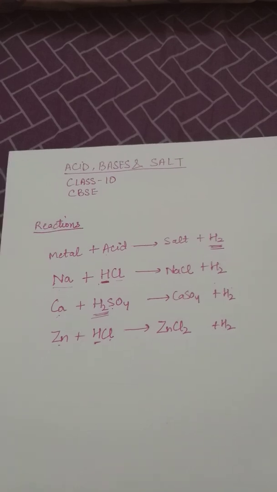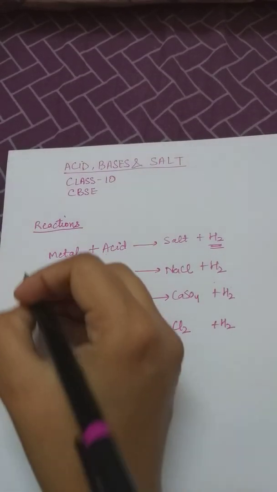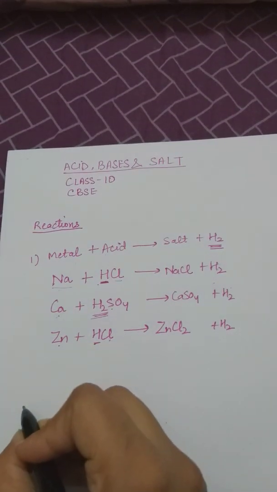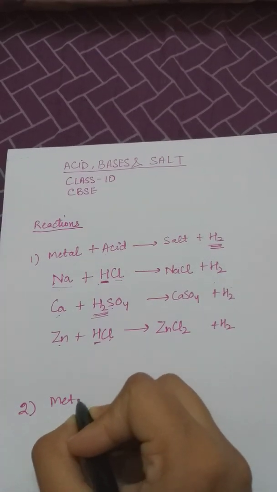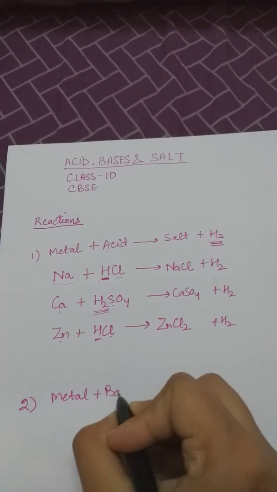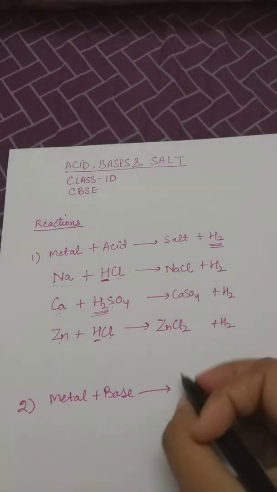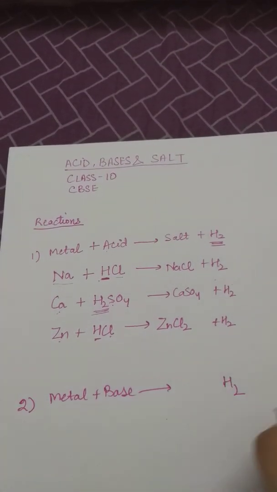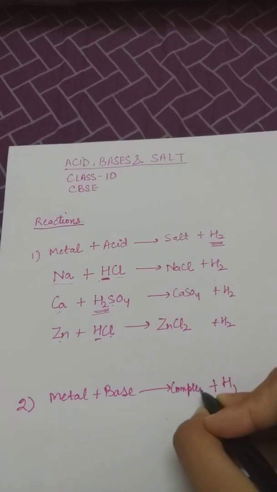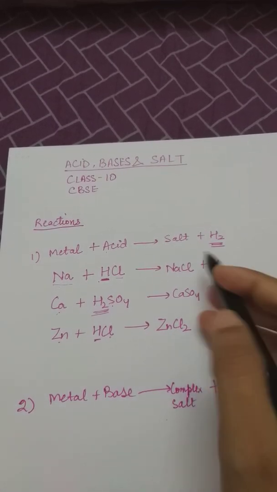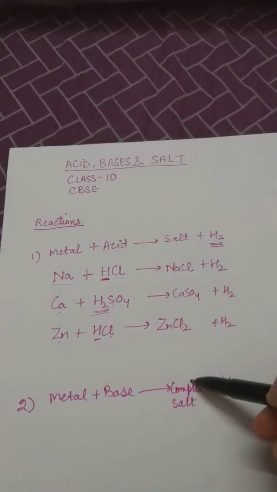Now we move on to the second category of reaction. The first category was metal with acid; the second category of reaction in this chapter is when metal reacts with base. Again, here also hydrogen would be evolved for sure. Along with that, a complex salt would be formed. Here I have written salt, here it is complex salt.